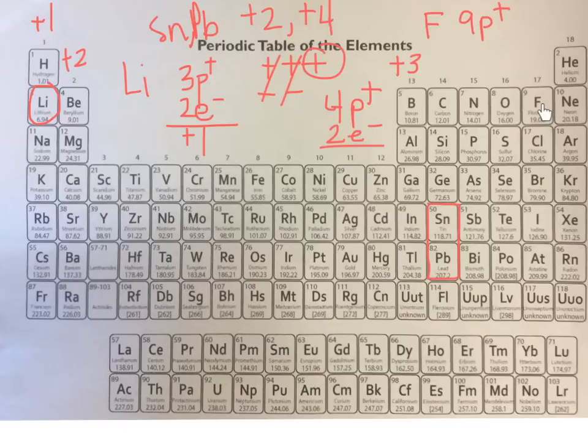Well, gain 1. It's easier for fluorine just to gain 1 electron. So instead of having 9 electrons, now it's going to have 10 electrons. If you add this up, now that has an overall charge of -1. So above the halogen group, group 7, put a -1 there.